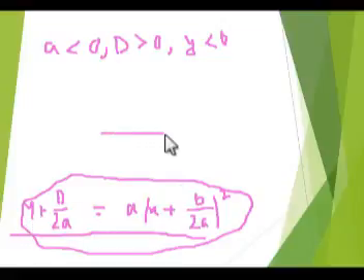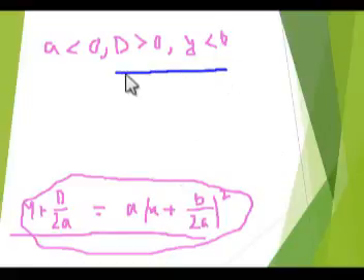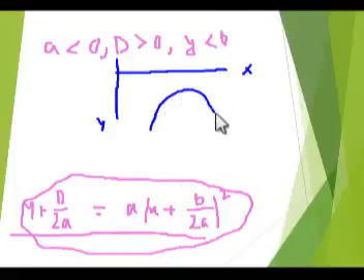The graph will be this way. This is the x-axis, this is the y-axis. The graph will be downward of the x-axis, and its axis is also parallel to the y-axis.